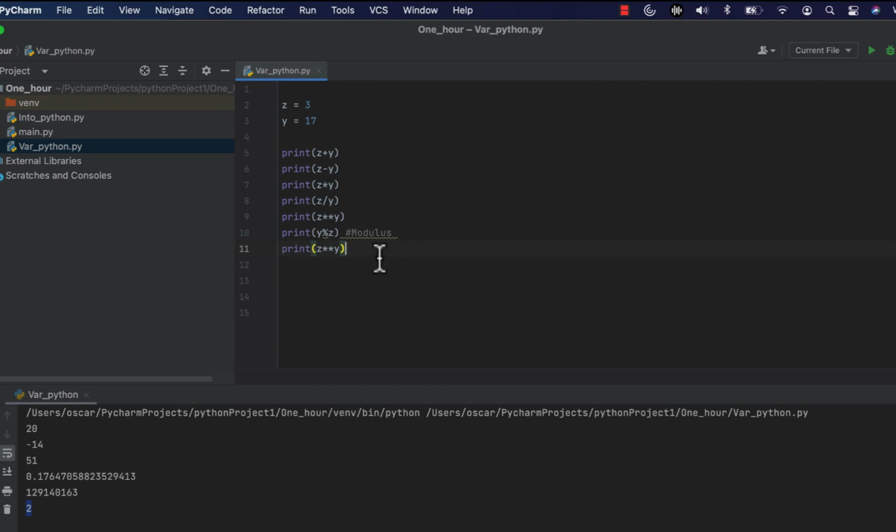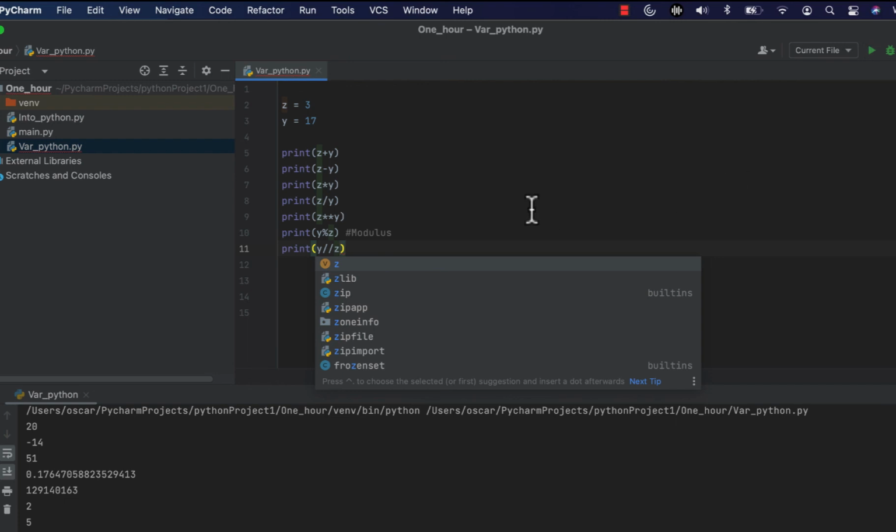So let's do floor division. Here it is 0, so that means if I divide z by y, which is not possible for the floor division, but let me put y to z, because there is z here.